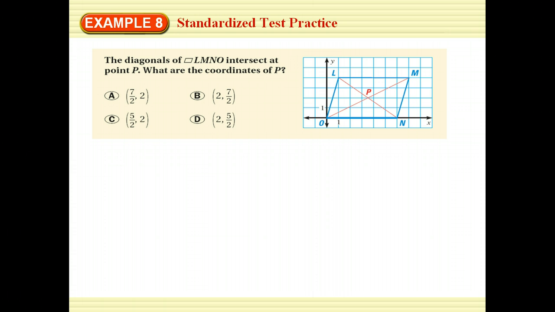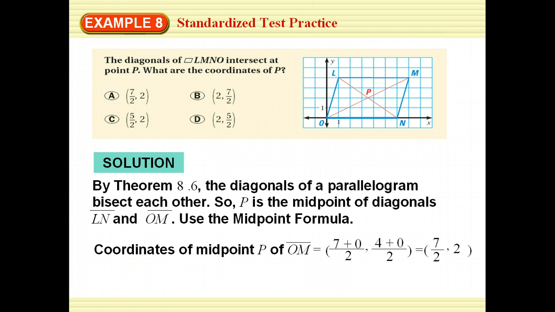So in this case, if I want to know the coordinates of P, well, I know that my two diagonals meet at a midpoint, and so therefore I can use the midpoint formula, plug in, and find the value. It wouldn't matter which diagonal I found the midpoint of, they will come out to be the same point.